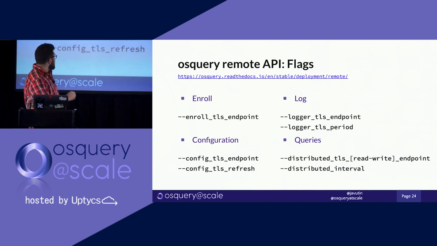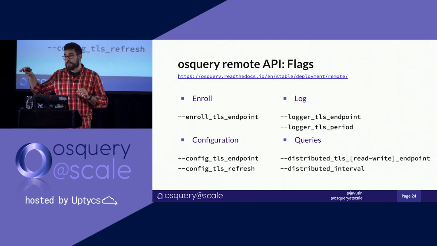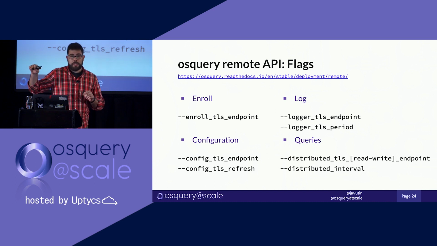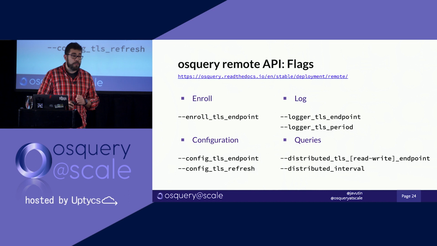Same thing for configuration. Endpoint is the path, and the TLS refresh is how often Osquery will make a request to the configuration endpoint in your TLS server. And same thing for the distributed TLS, either read or write endpoint, the two that I showed you, and the same for distributed interval.